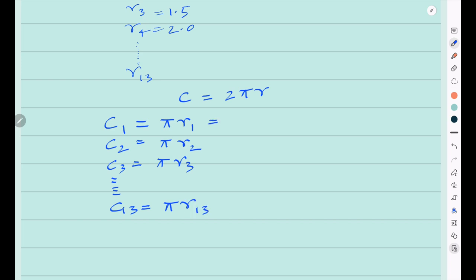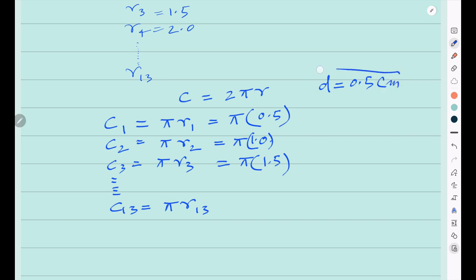Okay, and then what is r1? The first radius was 0.5, second was 1.0, third was 1.5, and fourth was 2. So the common difference between the radii is 0.5, so it is increasing by 0.5 centimeter every time.